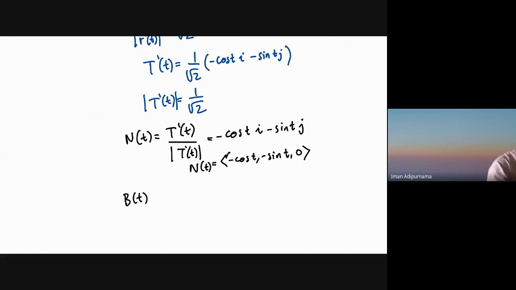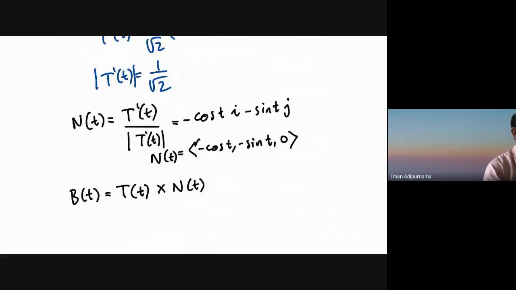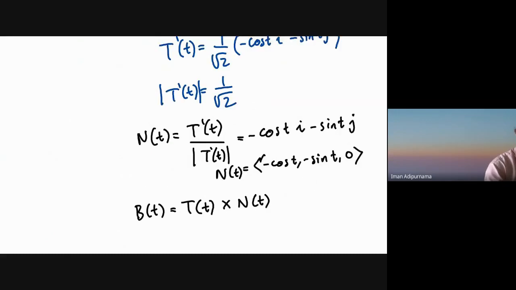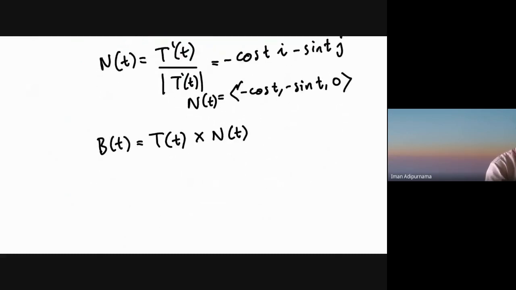And then the binormal is crossing the T and the normal. Now, because for T we have a constant 1 over square root of 2, and N, yeah, we can factorize first here and write the i, j, k.